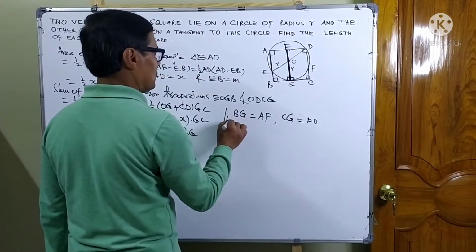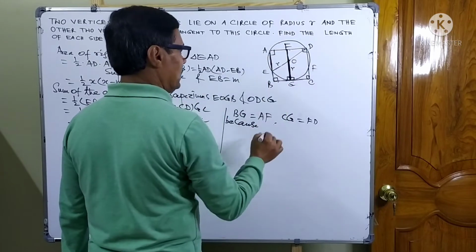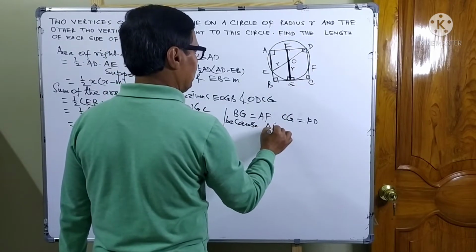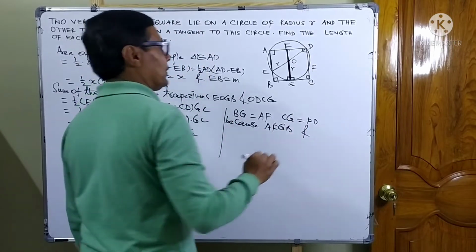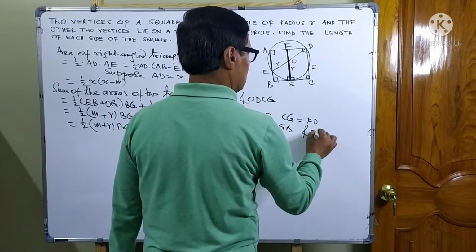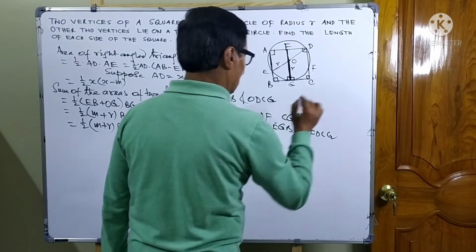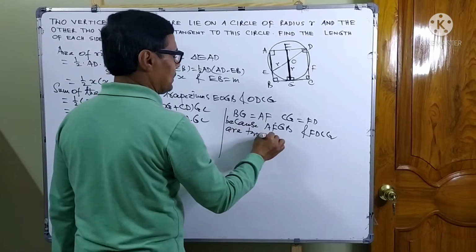Because AFGB and FDCG are two rectangles.